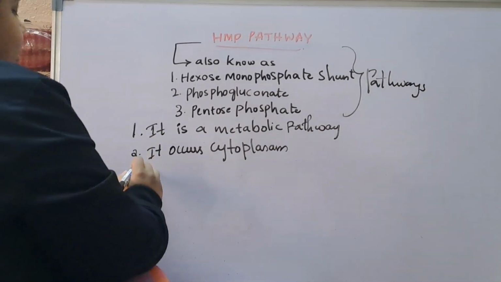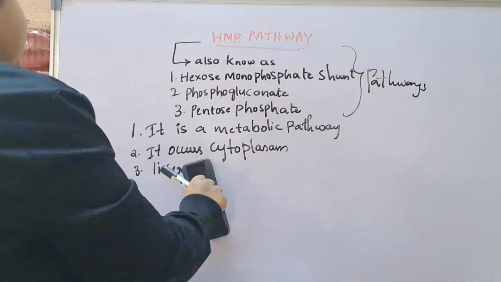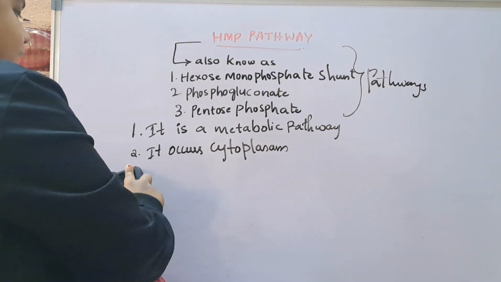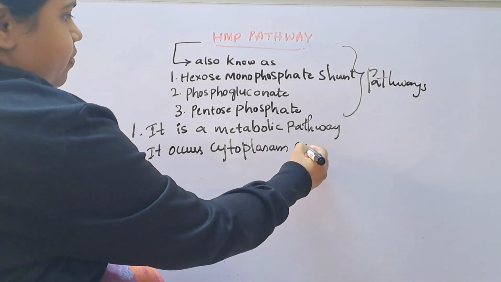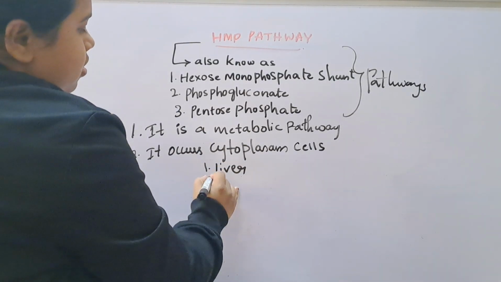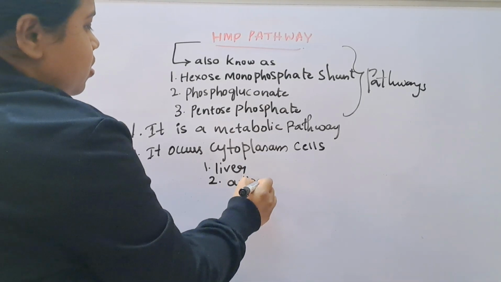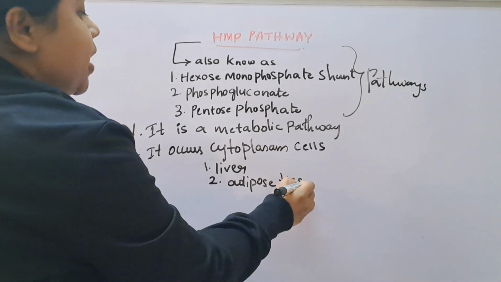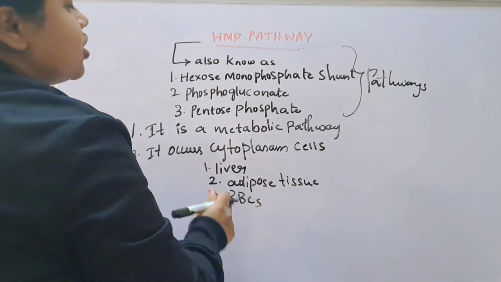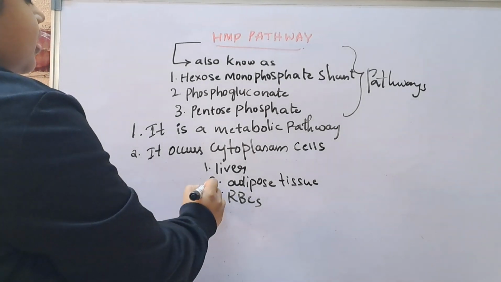It occurs in the cytoplasm of cells of the liver and adipose tissue, mainly RBCs, which is very important. The HMP pathway is very important for RBC cells.